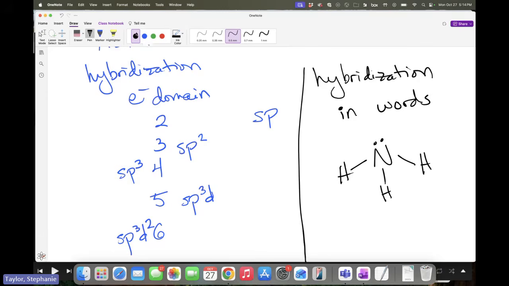So here's ammonia. If I want to talk about the hybridization of the central atom, which is the nitrogen, I count the number of electron domains. Here's one electron domain for the lone pair, and one for each of the three single bonds.